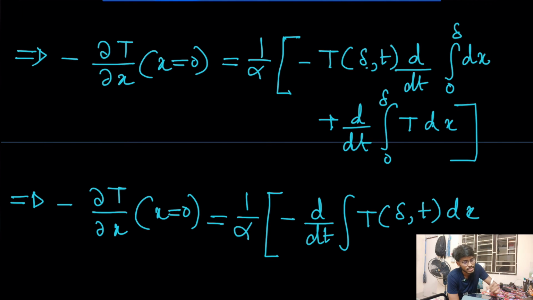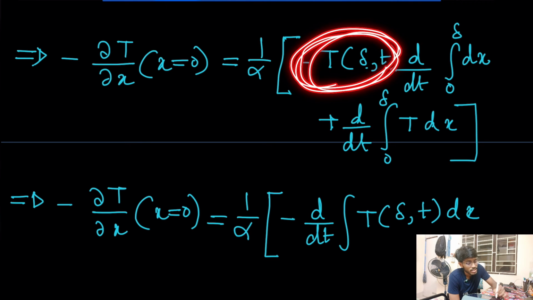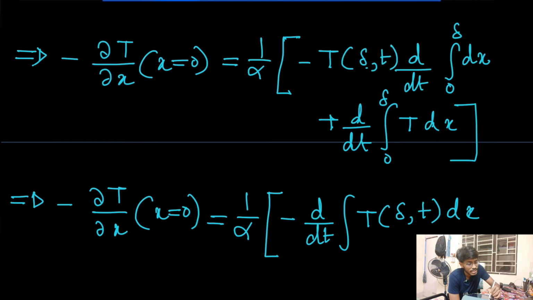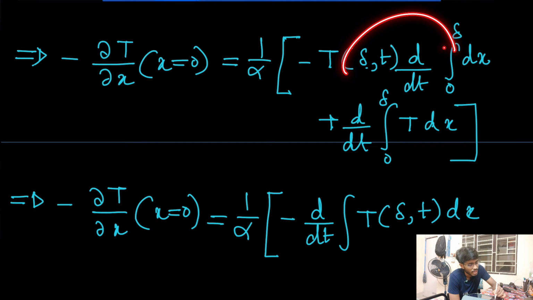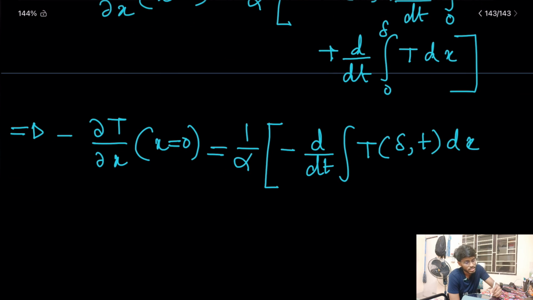And why I can put this inside the integral? Because this is a constant with respect to x, because instead of x I have written delta. This delta is a function of time, so this thing is a function of time only, not x. So that is why I can put this inside the integral.